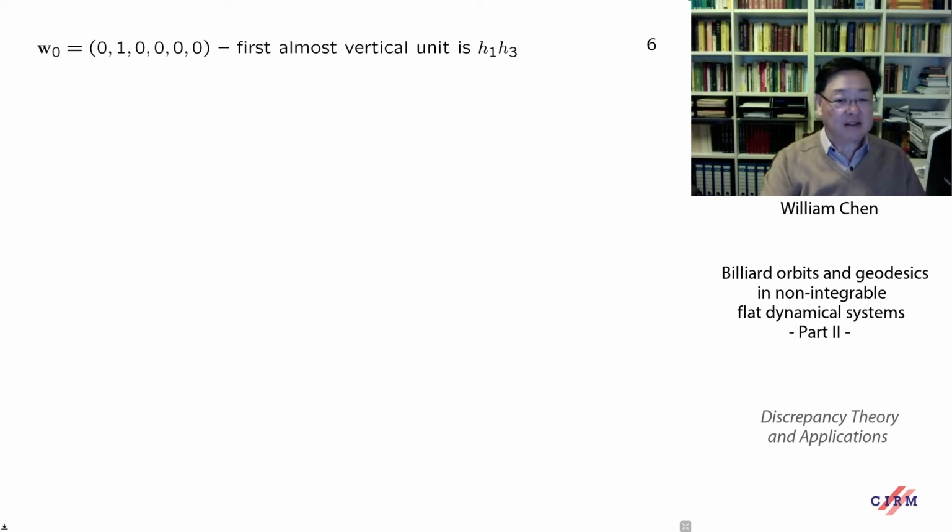That tells us that there is one unit of H1, H3 and no unit of any other kind. So W0 is just a coefficient vector. Now we start with H1, H3, and we go and work out its ancestors. And we start with each of the ancestor units and work out its ancestors and keep on doing that.